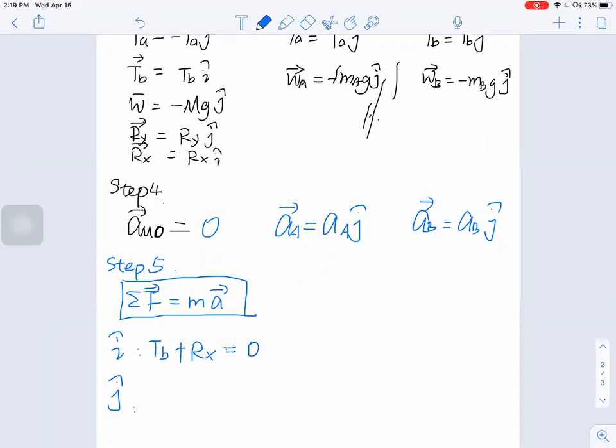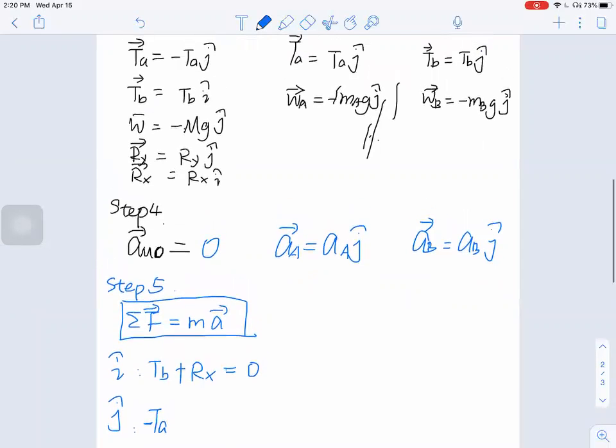Okay, now let's move on to the J direction. We have TA, just negative TA, minus mg plus Ry, and the sum equals 0.